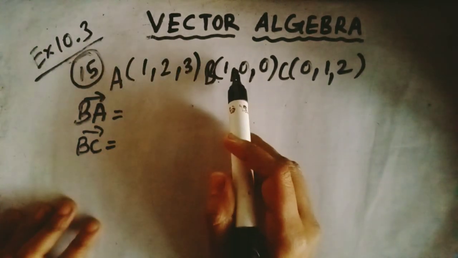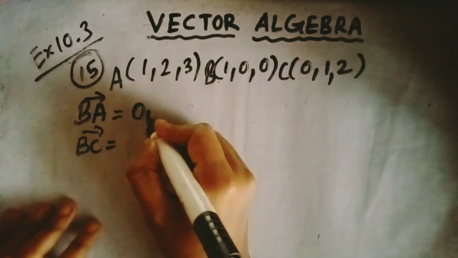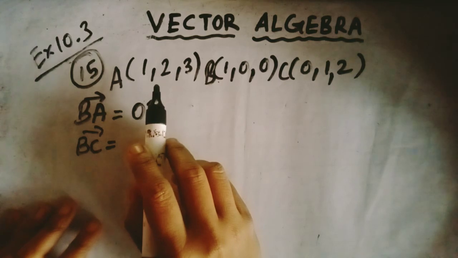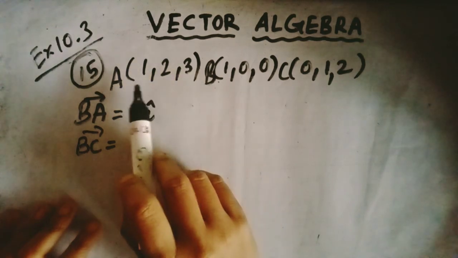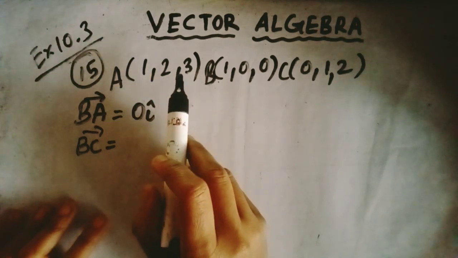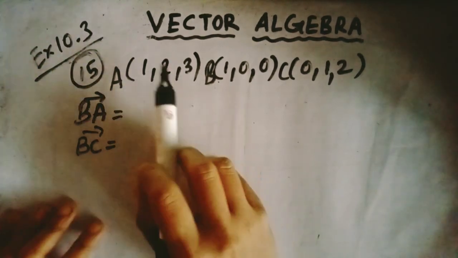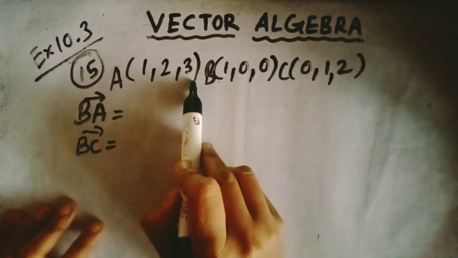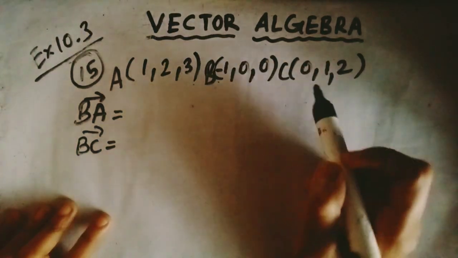BA, so A minus B, 1 2 3 minus 1 0 0 and 0 1 2.